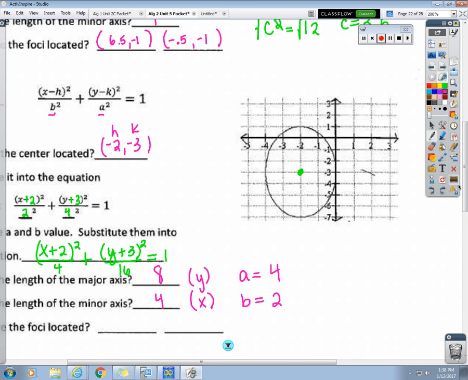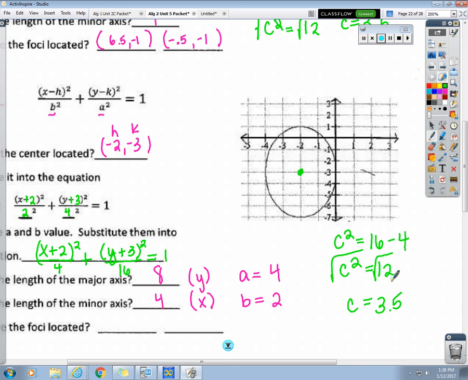Okay, so remember, the formula for foci is c squared equals a squared minus b squared. So c squared equals what minus what? 16 minus 4, which gives us c squared equals 12, and we just did that, so we know c equals 3.5.